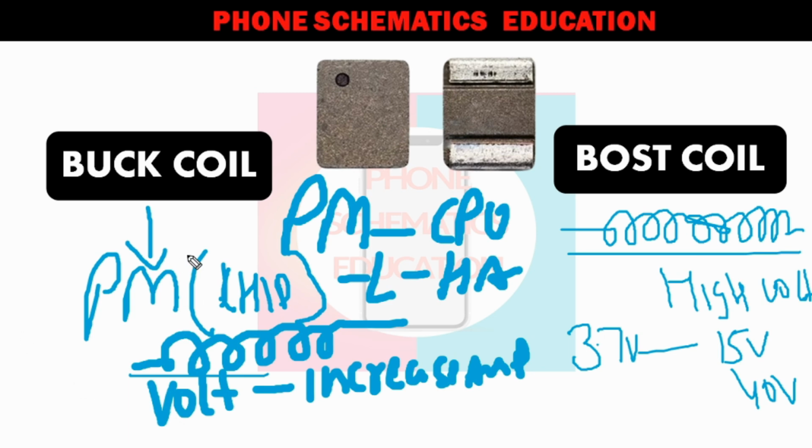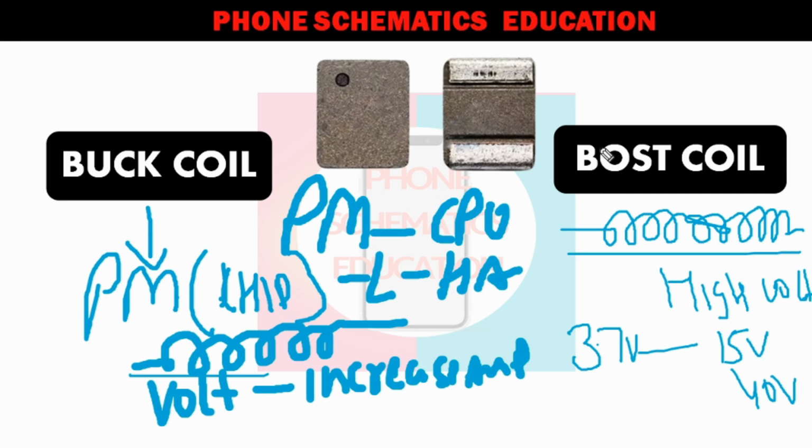I hope you get the differences between buck and boost. What is the difference between buck and boost? A simple way to think: the number of turns will be less in a buck coil, made with thick wire, and the number of turns will be more in a boost coil, with thin wire.